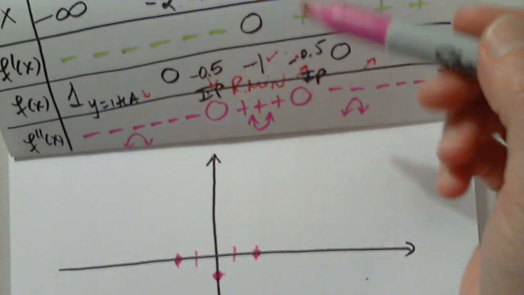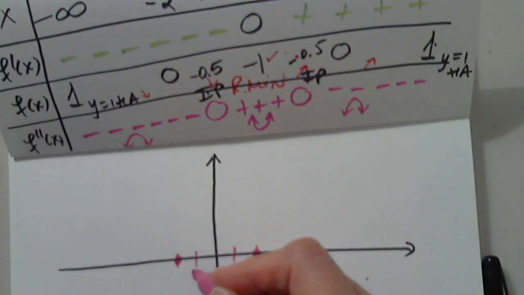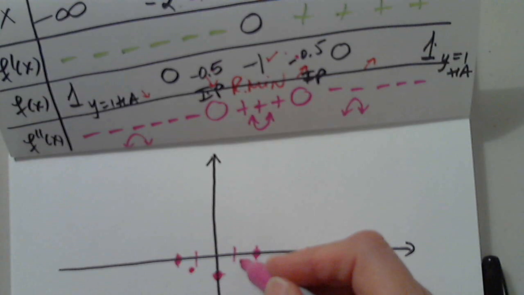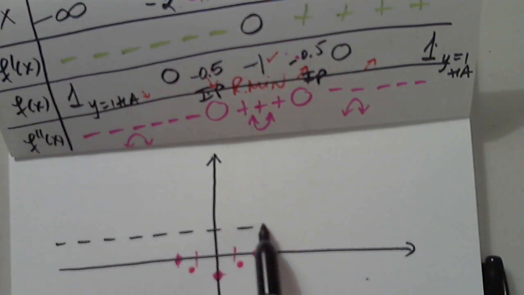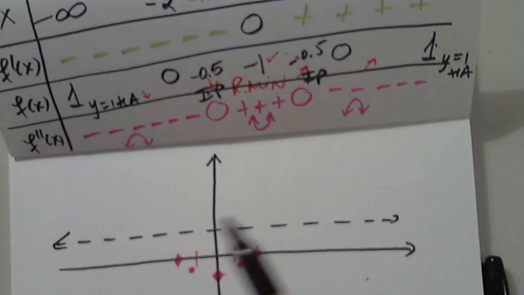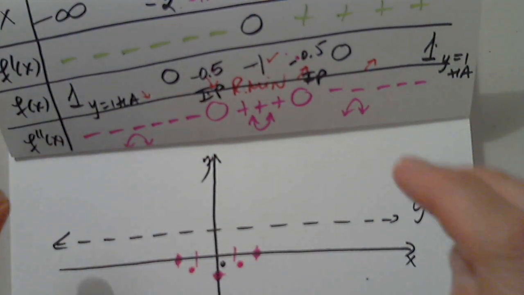And it also has these points of inflection at -1.2, -0.5 and 1.2, negative 0.5. I have to draw the horizontal asymptote, which is y equals 1. It's not part of the graph. It cannot be graphed as a solid line. Ready?